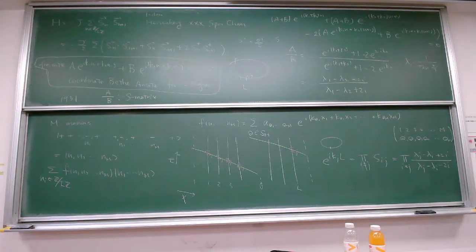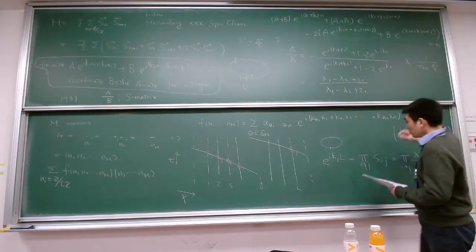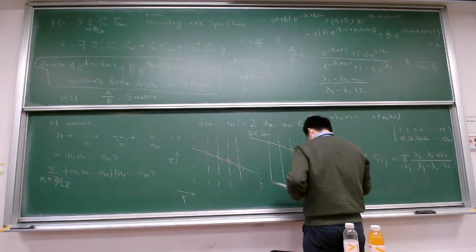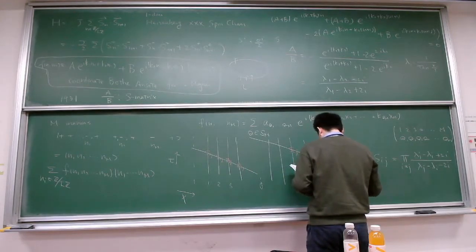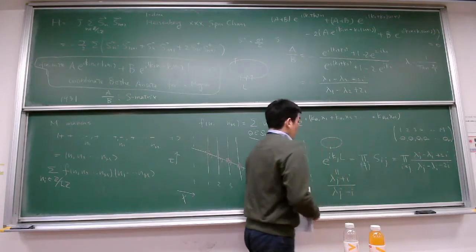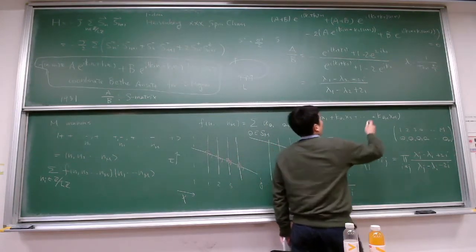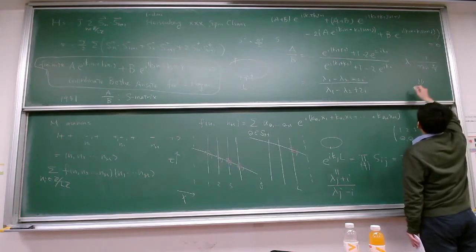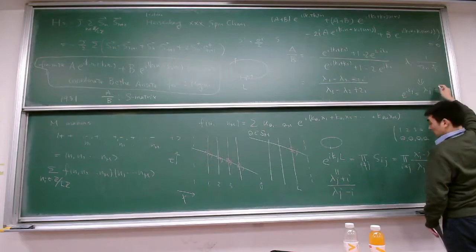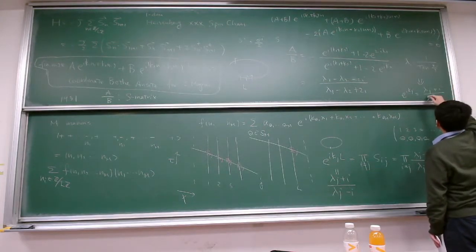This is the amplitude we get, the product. In particular, using this relation, e to the i k_j L can be written as (lambda_j plus i) over (lambda_j minus i), so e to the i k_j can be written as (lambda_j plus i) over (lambda_j minus i).